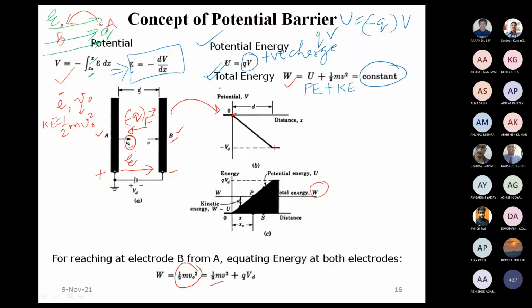So this is a kind of retarding field, and the velocity of this electron will decrease as it moves towards plate B. The work done while doing so, the charged particle is acting against the field here.